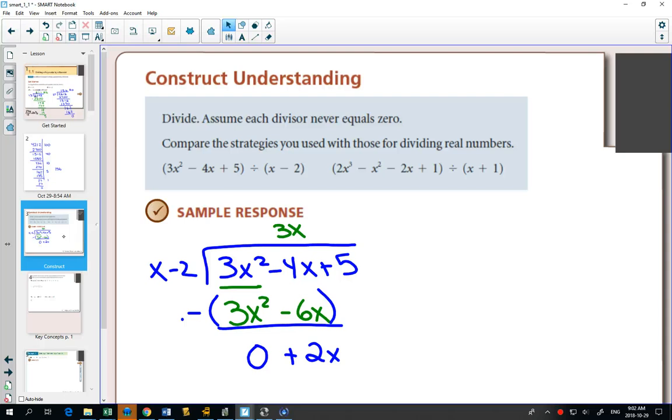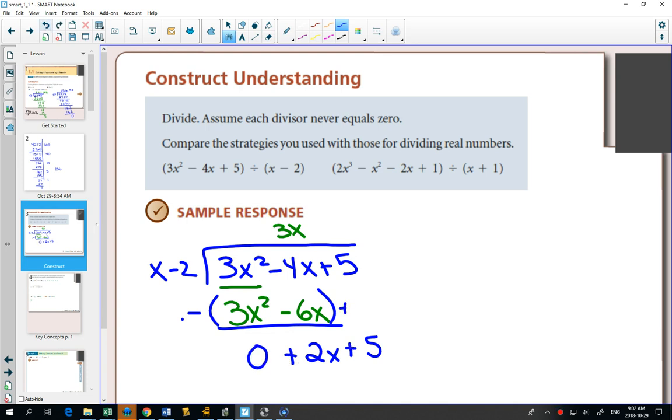And technically, what do we have here? We have 5 minus 0, which would mean we still have plus 5. You don't have to, because it's just to show that I subtracted and nothing was left. But a lot of people just would write this next.